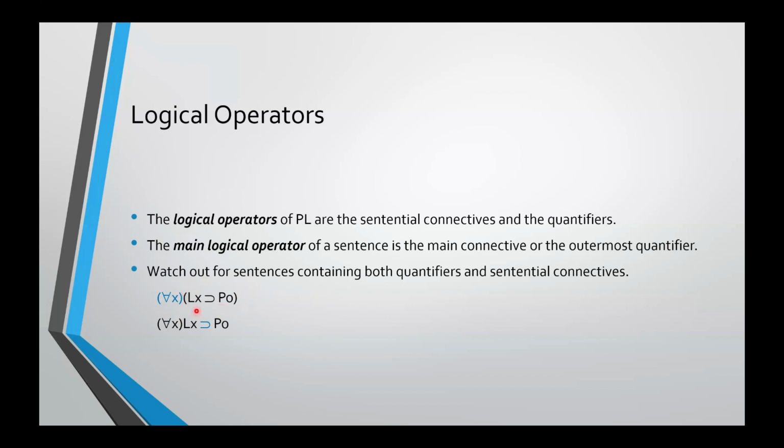This entire formula here is covered by it. Because that covers the whole thing, this is your main logical operator. Here, the quantifier only covers this little bit here, the LX. This is actually outside of the scope of that quantifier. It's not covered by it, which means that this is the main logical operator. So this sentence is a universally quantified sentence. This is a conditional, where the antecedent is something that's universally quantified.